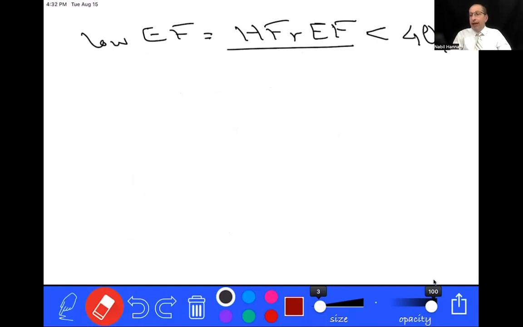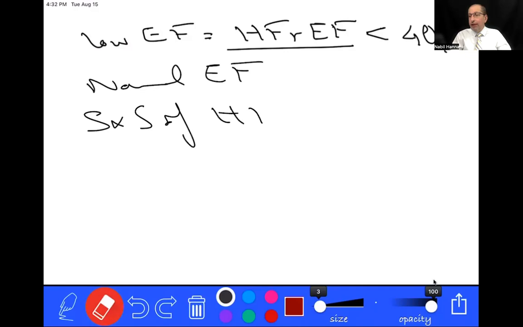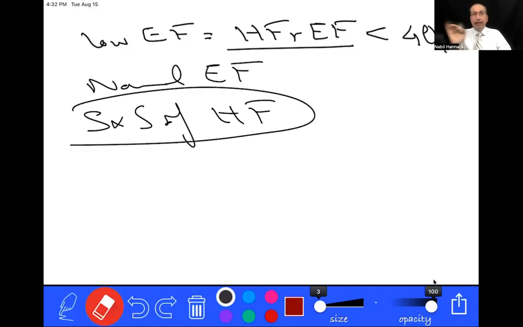If we have normal ejection fraction, and the patient has signs and symptoms of heart failure. Can this happen? Yes. Because normal ejection fraction means what? Normal systolic function. And we know that there are two types of heart failure.